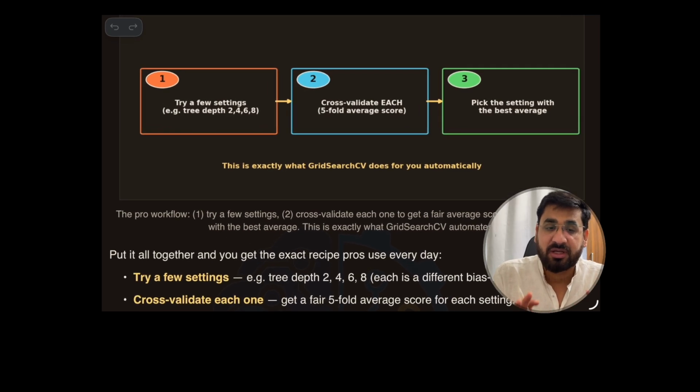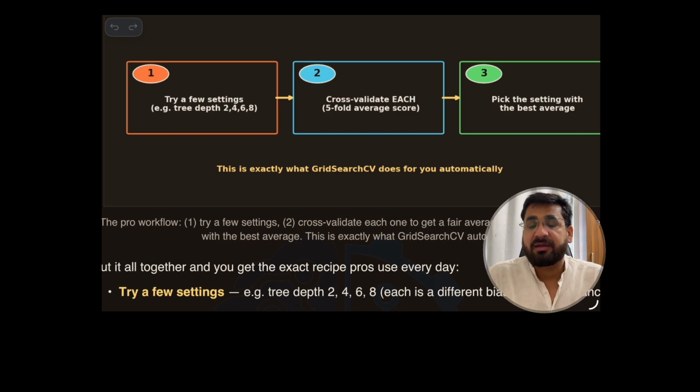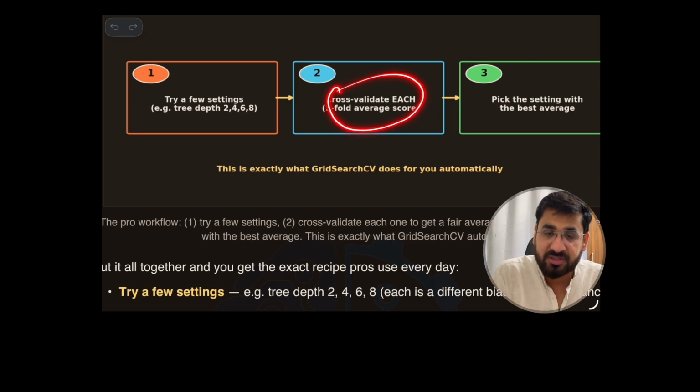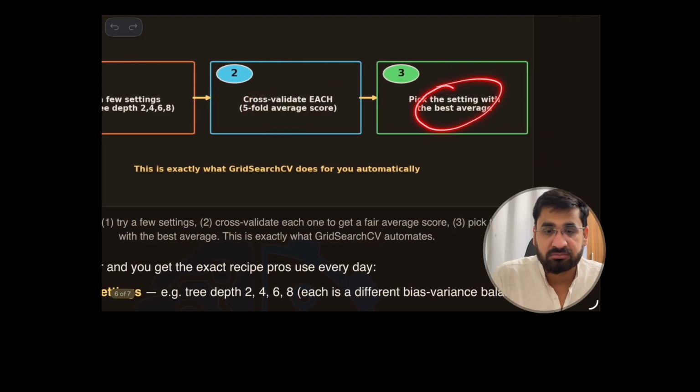We will follow three steps. First, we will try a few settings, say 2, 6, 8 like this. Then we will validate with the 5-fold average that we discussed in the beginning, and we will write down how much score is coming for each model. Then we will pick the best one. Very simple.